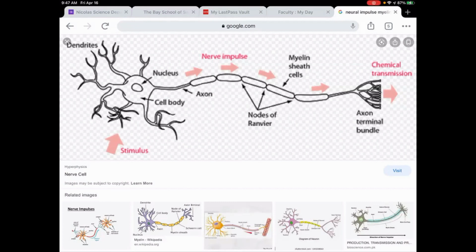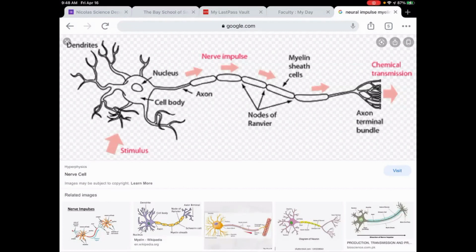Also, what's interesting is the way the current travels along a neuron. You see there's a thing called the nodes of Ranvier. Think of the myelin as a little protective covering, but it only has so much length to it. Between two myelin sheaths, there's a node, and the message goes from node to node to node.